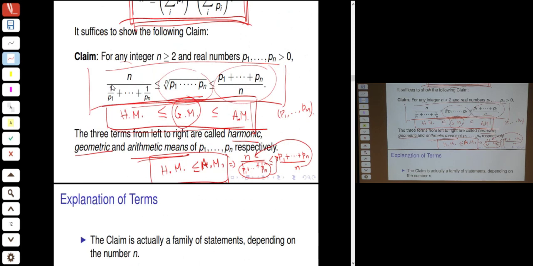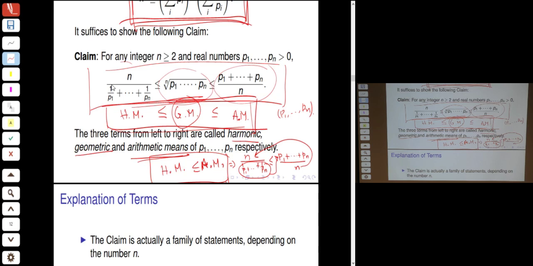The GM, or the geometric mean, is less popular, but still it has some geometric interpretation, and in certain contexts it is useful or well known. The harmonic mean, or the HM, is the least known of the three, but it exists and in certain mathematical contexts it is quite important.